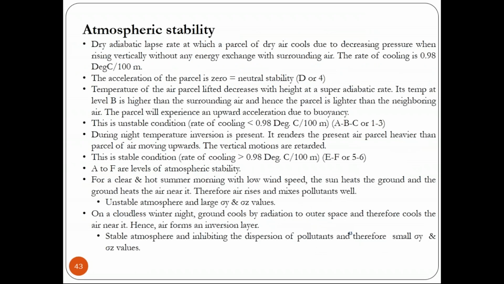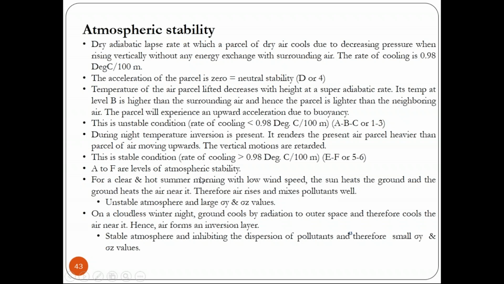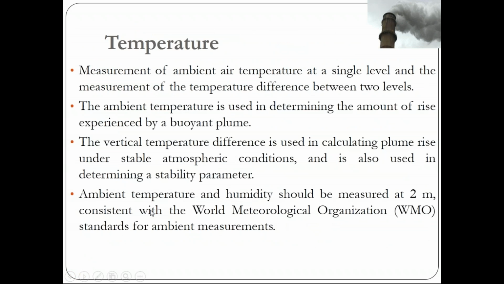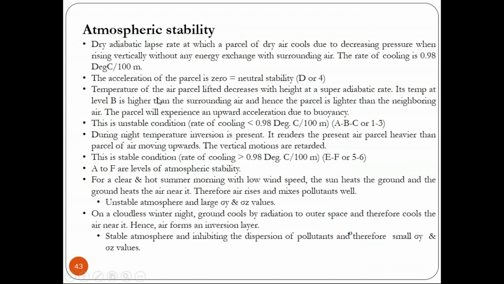So the dry adiabatic lapse rate is the rate at which a parcel of dry air cools down, with decreasing pressure, when rising vertically without any energy change. The cooling rate will be 0.98 degree per 100 meter, and where acceleration is 0, neutral condition will be created, D class will be there, or we can say class number 4, where acceleration is 0.